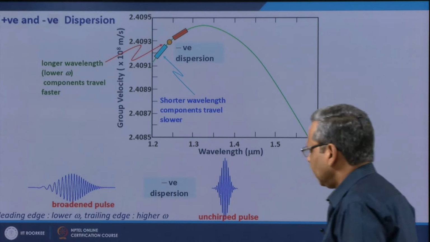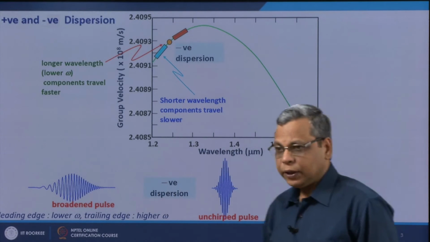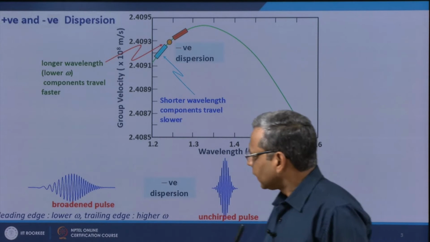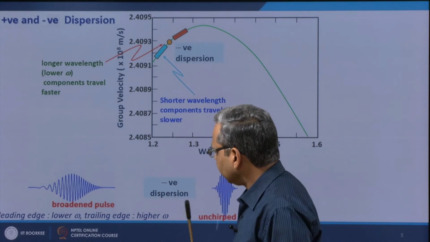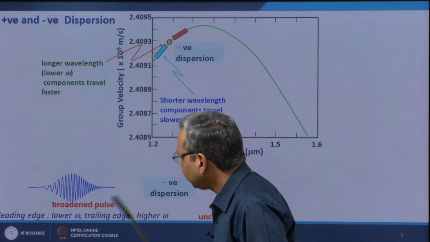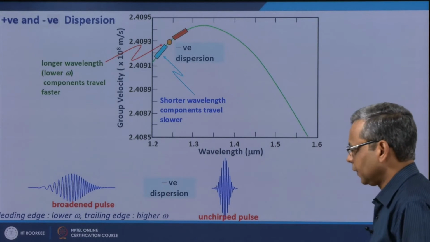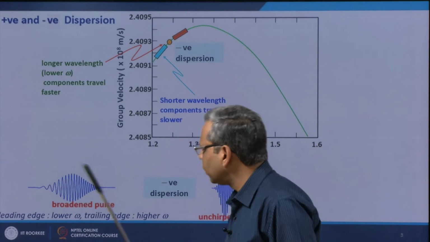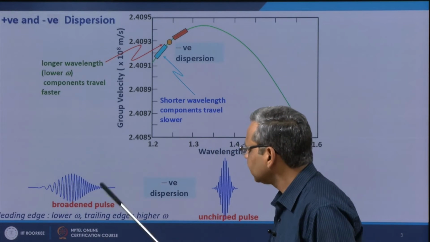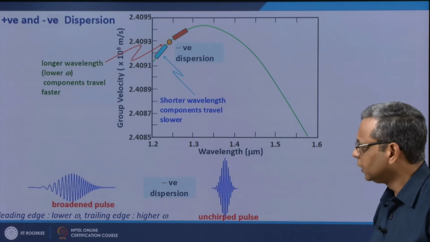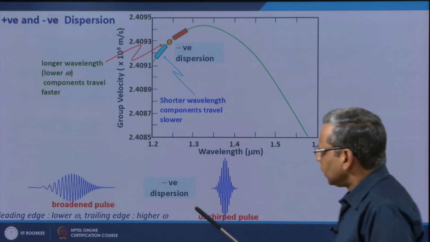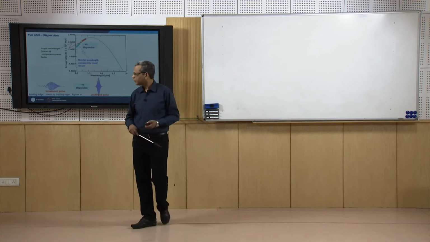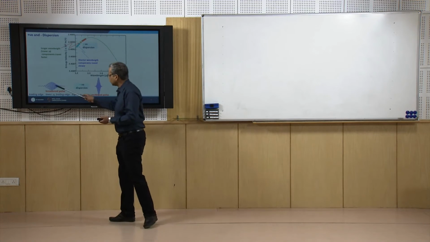But what I also see in this broadened pulse is that the frequency content in the leading and trailing edge is different. In the leading edge the frequency is lower, while in the trailing edge the frequency is high. So, the pulse not only gets broadened, but also gets chirped, and chirping is like this.